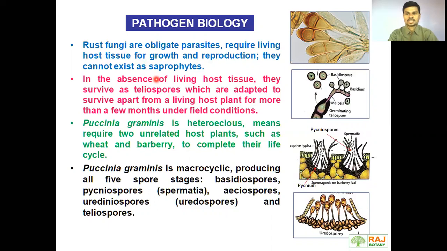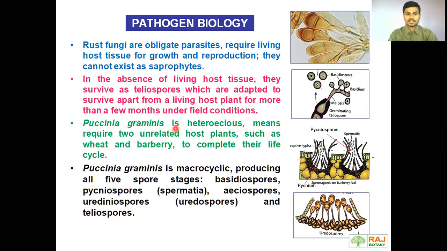But this Puccinia pathogen requires a living host only. In the absence of living host tissue, Puccinia survives in the form of teliospores, and the teliospore is adapted to survive in the absence of a living host.